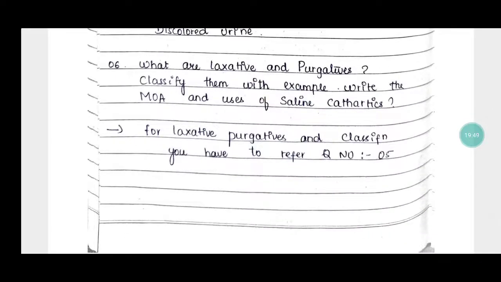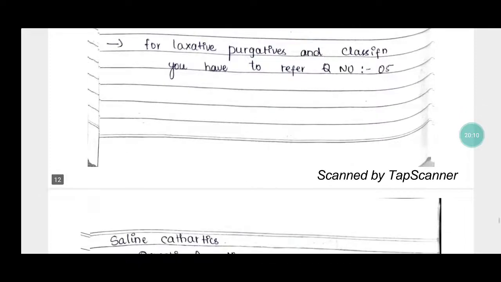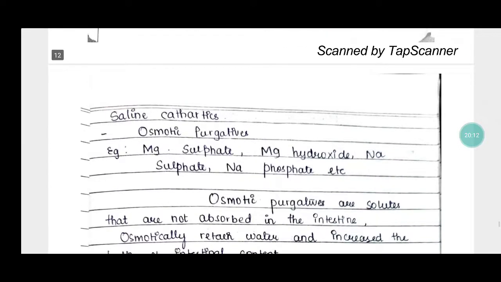So coming to the next question, that is the 6th: what are laxatives and purgatives? Classify them with examples and write the mechanism of action and the uses of saline cathartics. For the definition of laxatives and purgatives, and even the classification, you have to refer to question number 5. And I am going to start with the mechanism of action for the saline cathartics.